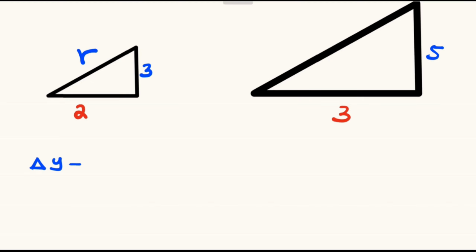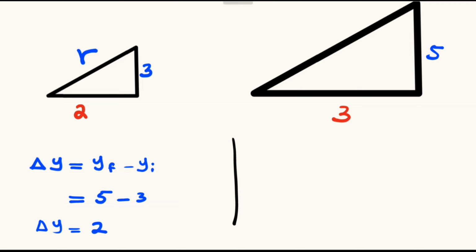So we have the change in y, which will be equal to y final minus y initial, and our y final is equal to 5, and our y initial is equal to 3. So our change in y will be equal to 5 minus 3, which is equal to 2. And on the other side, we have the change in x, which will be equal to x final minus x initial.